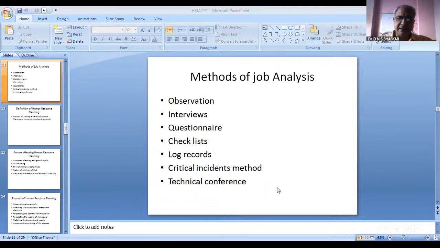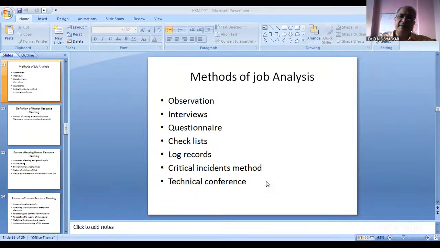Critical incidents method. Instead of selecting all the activities, analyzing them in a broader area and taking a lot of summarized data, and finally analyzing that comprehensive data, which is also difficult, you can go by the critical incidents method. Critical incidents method tells us how the employee performs in situations which are critical in nature.